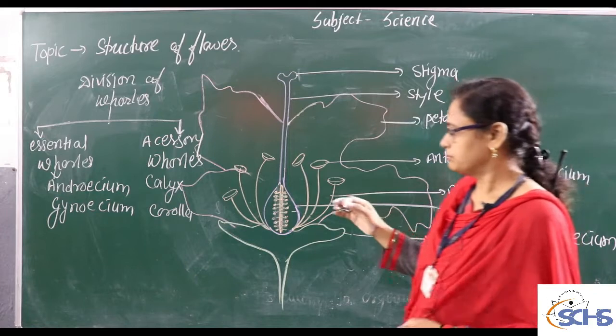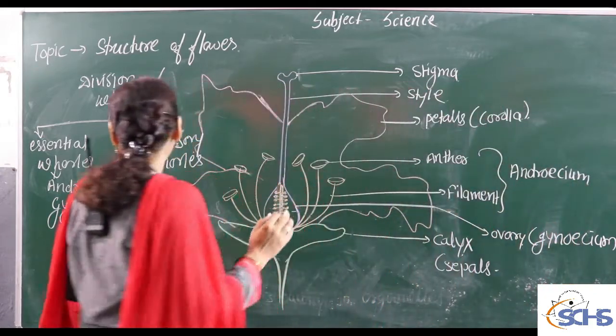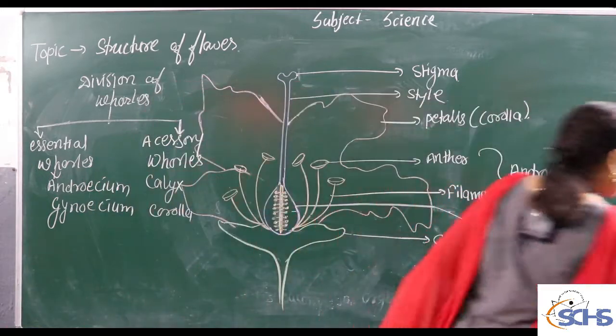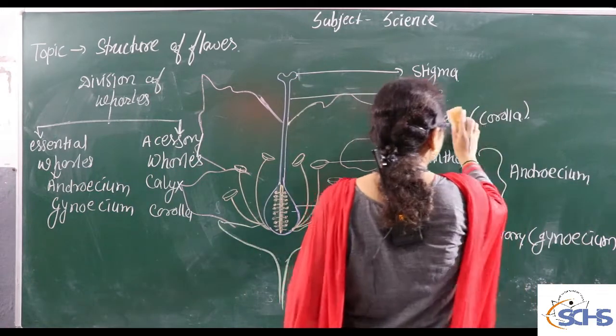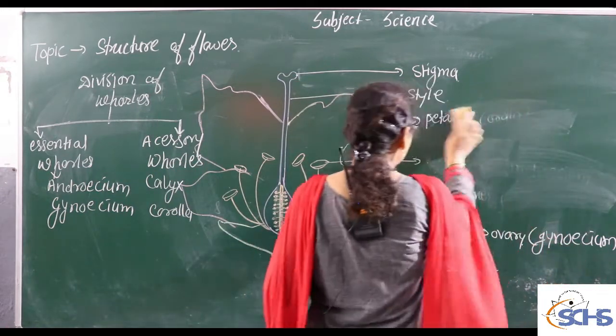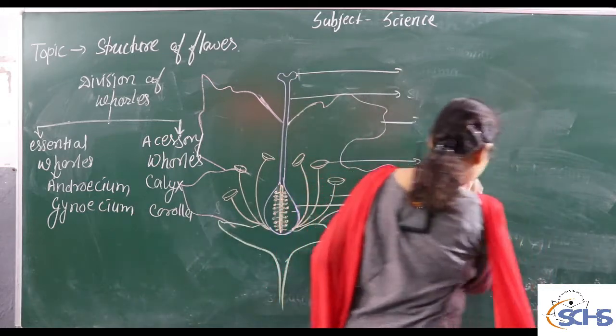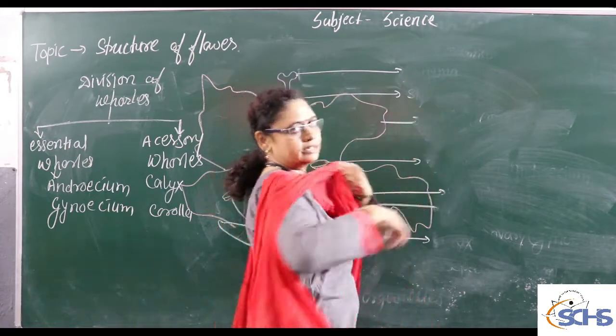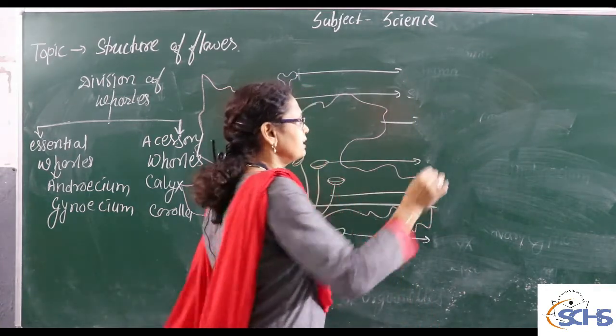Okay. Now first of all I will explain androecium. The member of androecium is also known as a stamen, and this stamen is made up of two parts.